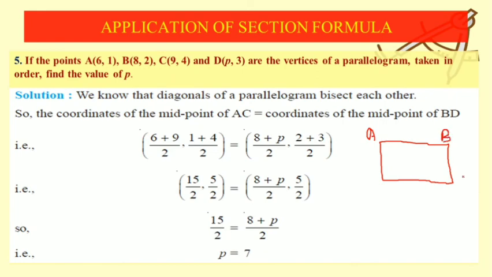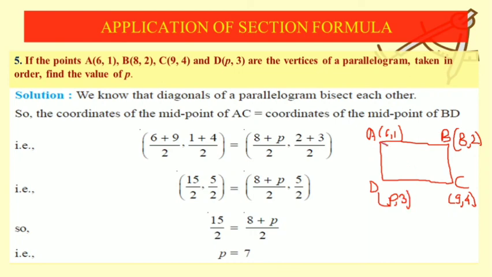Now see this, A, B, C and D. Now see, the coordinate for A is 6, 1. Coordinate for B is 8, 2. Coordinate for C is 9, 4. And coordinate for D is p, 3. Now as I said, the diagonals of a parallelogram bisect each other.